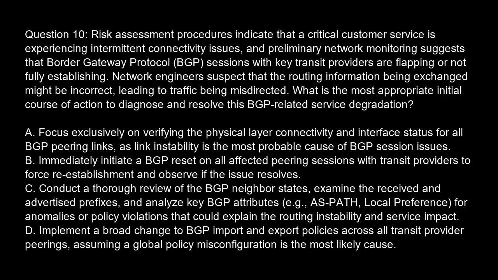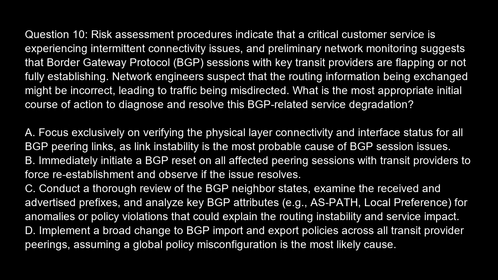Option A. Focus exclusively on verifying the physical layer connectivity and interface status for all BGP peering links, as link instability is the most probable cause of BGP session issues. Option B. Immediately initiate a BGP reset on all affected peering sessions with transit providers to force re-establishment and observe if the issue resolves.